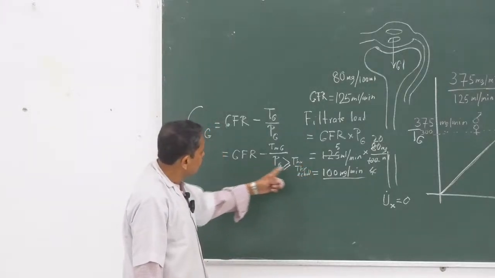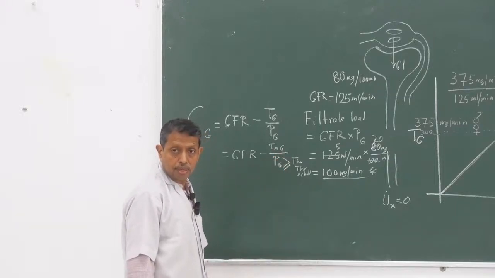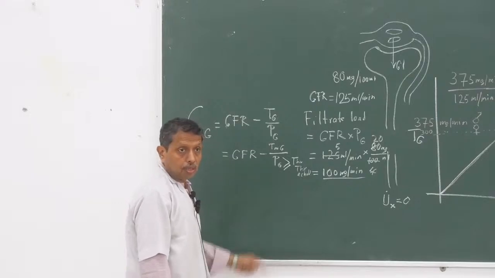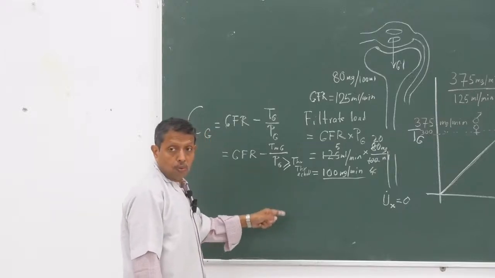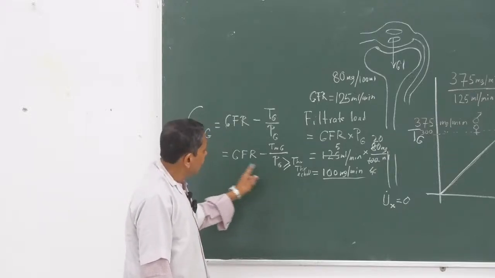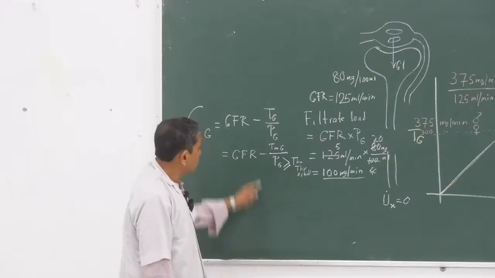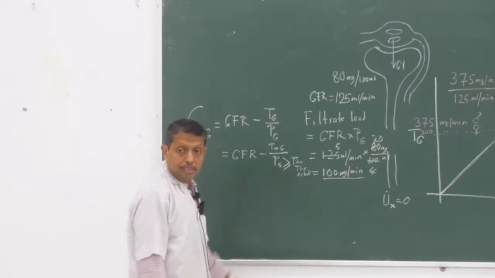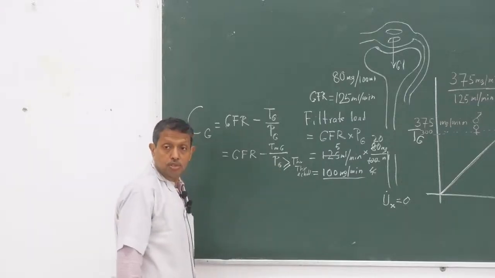So whenever it is going on, TMG becomes constant, but this denominator will go on increasing. So initially its clearance is 0, but it will approach gradually that of the GFR. Because TMG is constant and the plasma concentration is increasing, this part will be reduced.